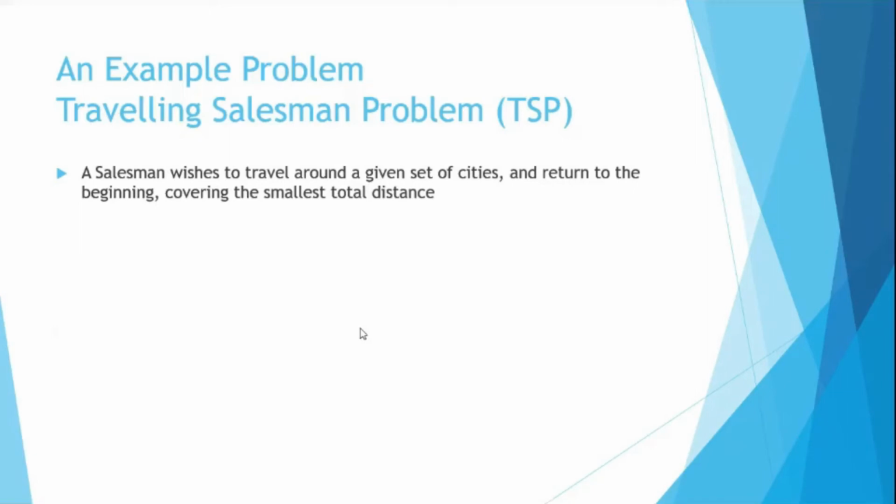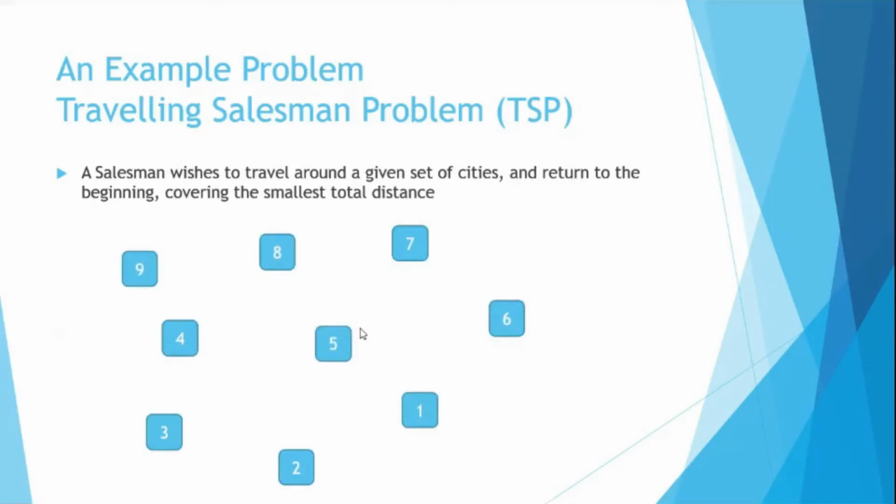So this is the problem: a salesman wishes to travel around a given set of cities and return to the beginning, covering the smallest total distance. Obviously, the aim of the salesman should be to cover all the cities by traveling the smallest total distance. The smallest total distance is used in order to reduce the total cost incurred for his travel. So that is the condition.